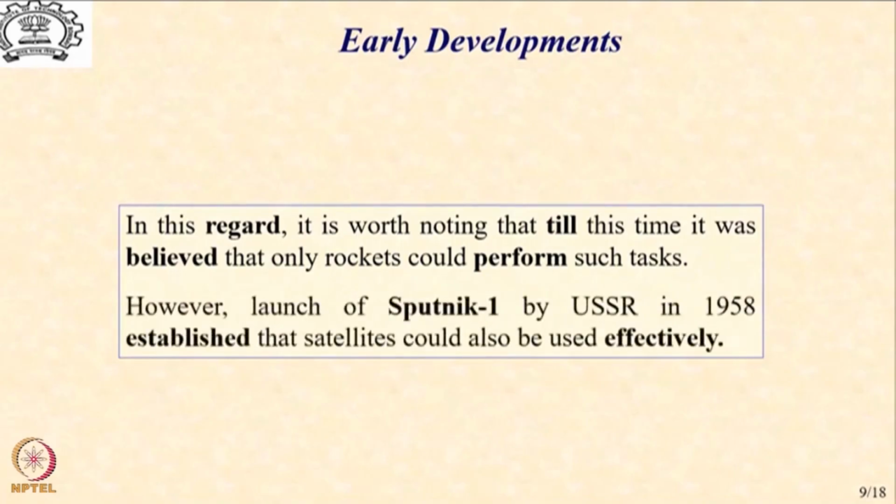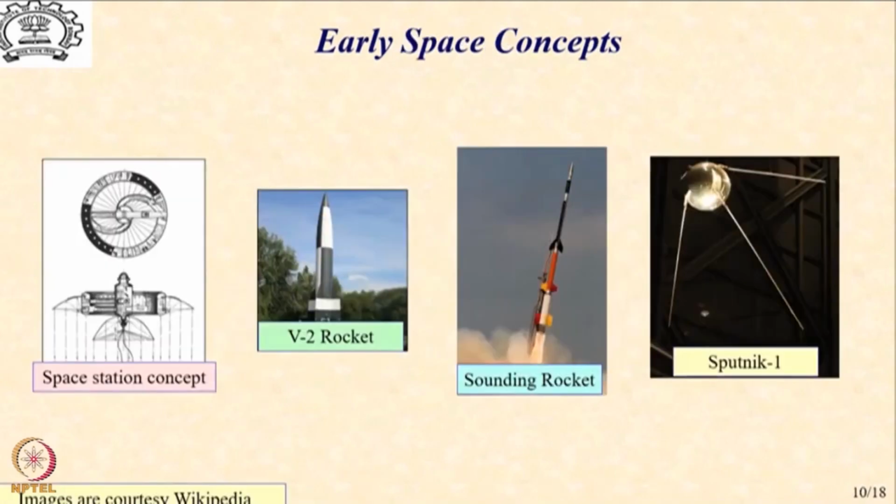However, this particular belief was broken when USSR in 1958 launched Sputnik 1 and established the fact that satellites could also be used effectively. I just want to show you a couple of early images of the space objects that were created. So you have in the middle the V2 rockets and the sounding rocket, and then of course on the extreme right you have the Sputnik.